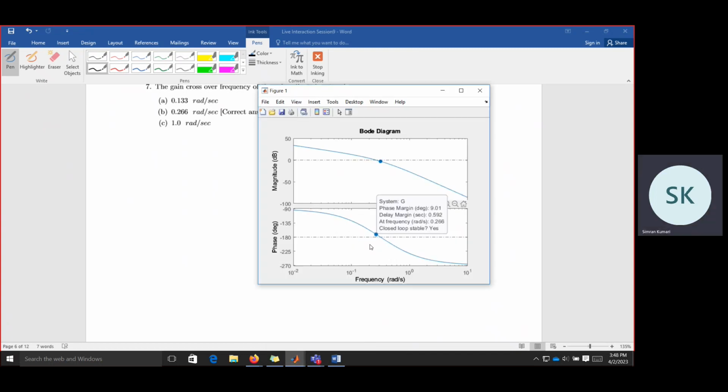What is required? Since this is 40 degree and this is 9.1 degree, we'll have to add this 40 minus 9.1 degree at this point, this much.